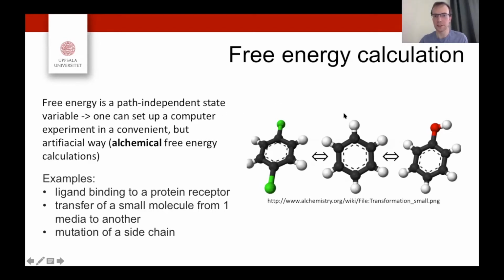Free energy, we already discussed what it is, and it could be applied not only to solubility measurements; for instance, it could also be a ligand binding to a protein, or a mutation of a side chain, as depicted here. Then what we would do is basically a replacement, whether through some stages like here, or straight away if we just remove the molecule from a very homogeneous solvent, like one single molecule from water.